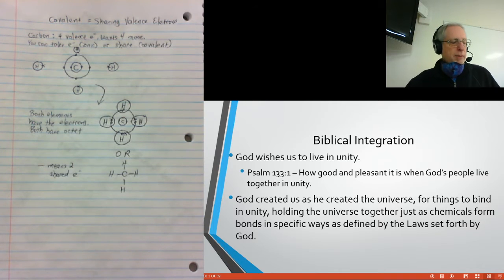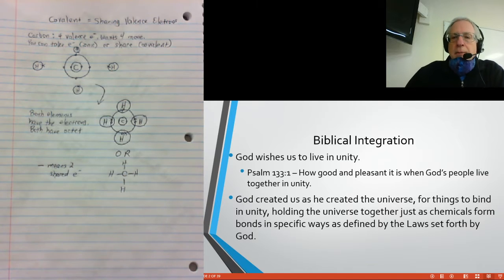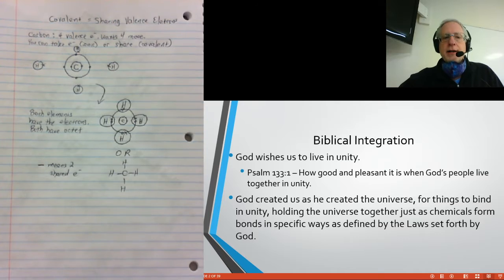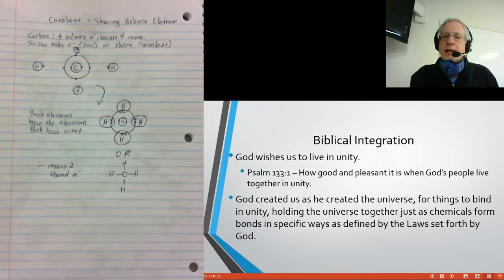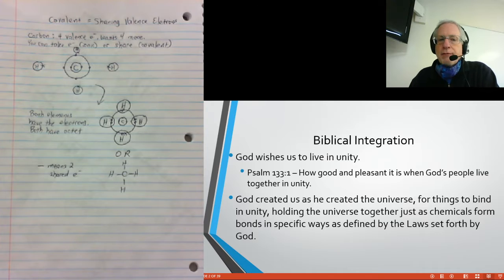So there is a little bit of biblical integration I can throw in for this chapter, which is hard to do sometimes in chemistry. But much like nonmetals have to live together in harmony, they have to share this electron, God wants us to do it as well. We should live together in unity. And it applies to ionic compounds as well, because they have to find a way to get together.